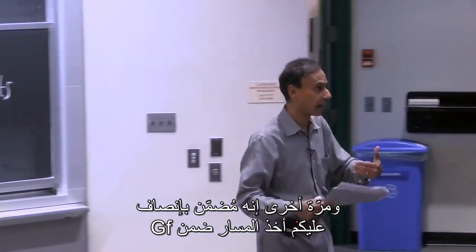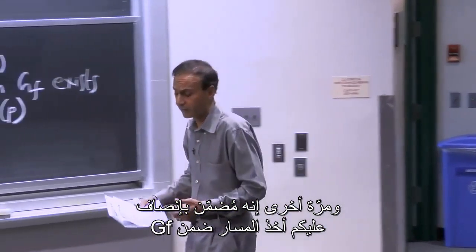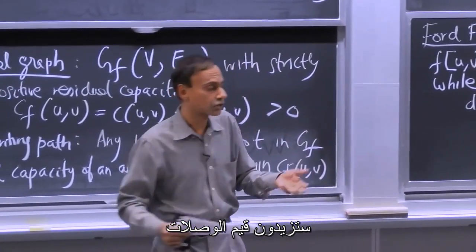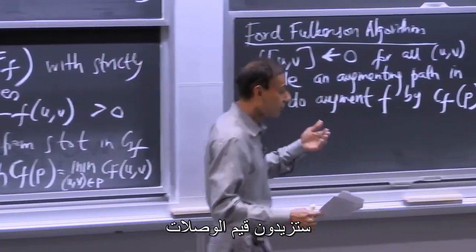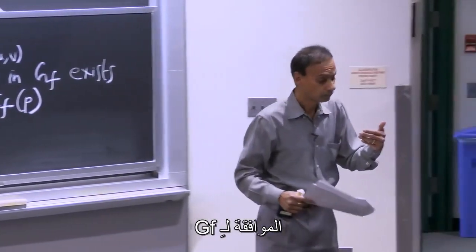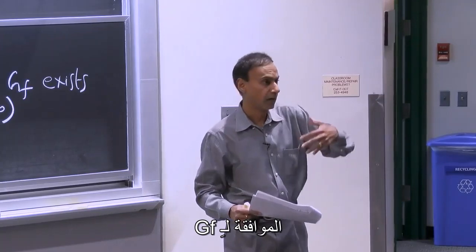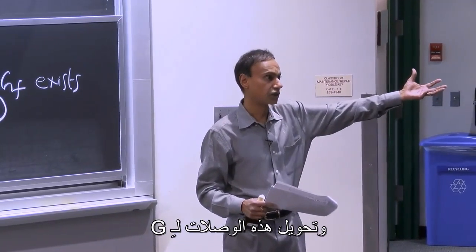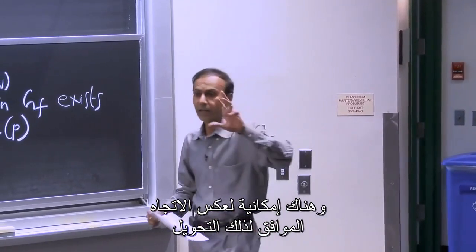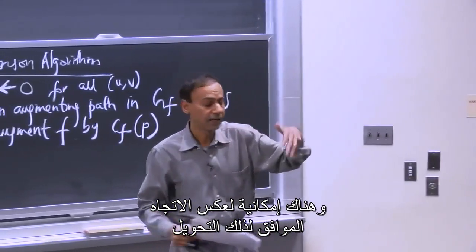You have to take the path in G of f. You're going to increase the values of the edges that correspond to G of f, translating those edges back to G, and there's possibly an inversion in direction that is associated with that translation.